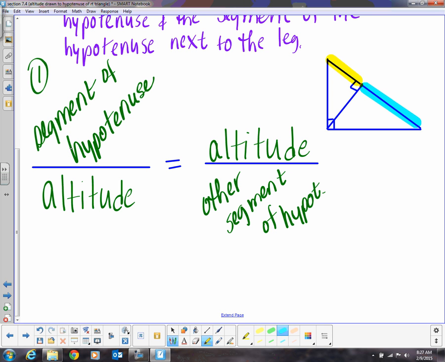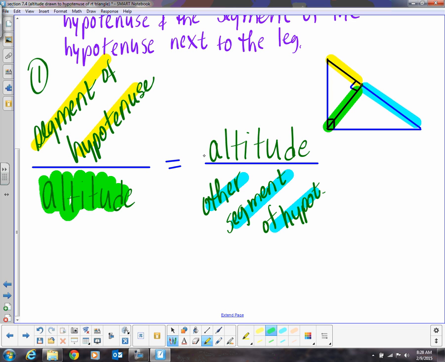That's what we're talking about. Other segment of hypotenuse, segment of hypotenuse. It's even color-coded. That is the altitude. The altitude is the geometric mean between the segments of the hypotenuse. It doesn't get any better than that. Color-coded for you. If you've got highlighters, do it.